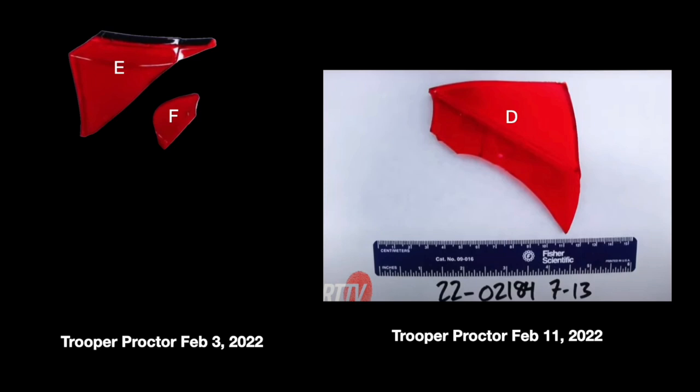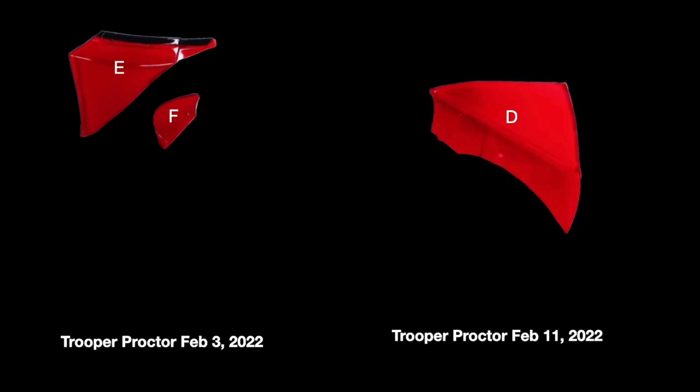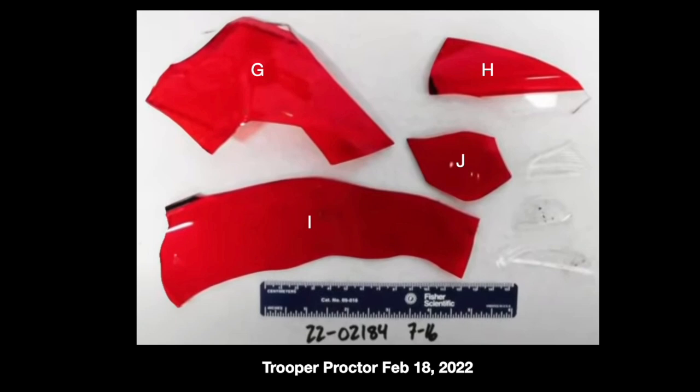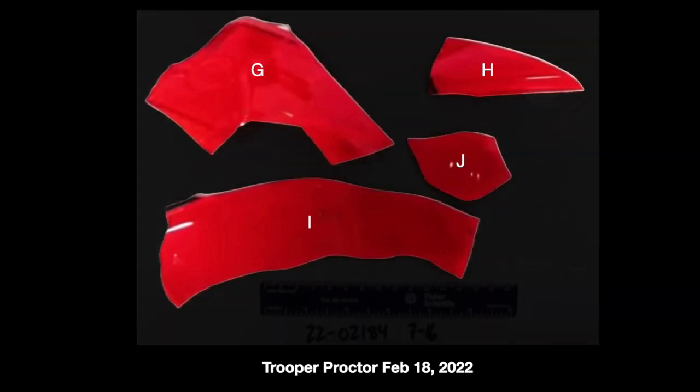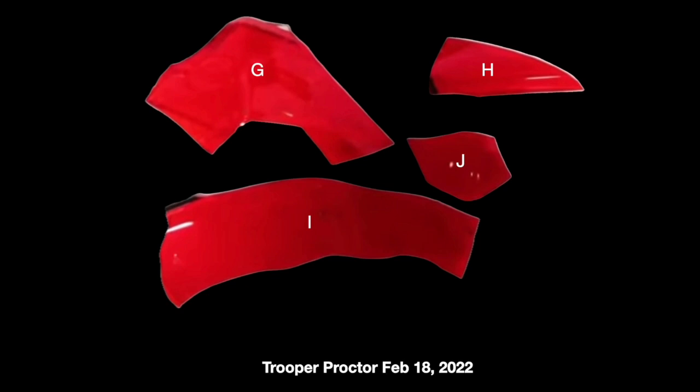Moving on to the next piece that Trooper Proctor found on February the 11th, labelled D, and then followed by his largest haul on February the 18th, G, H, I and J. Again, ignoring the smaller and clear pieces.